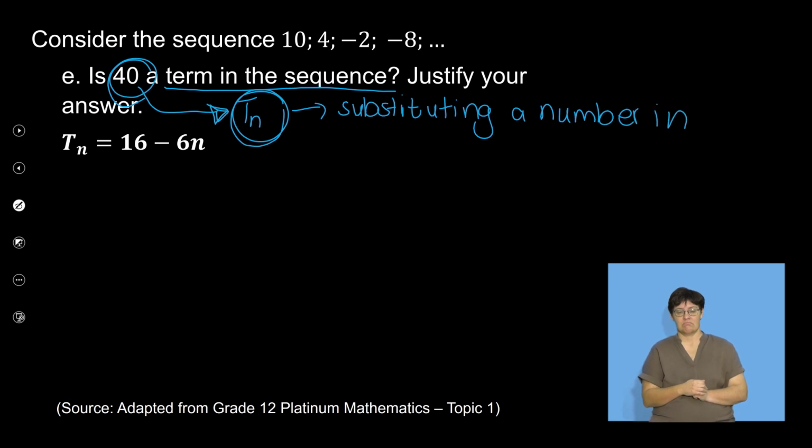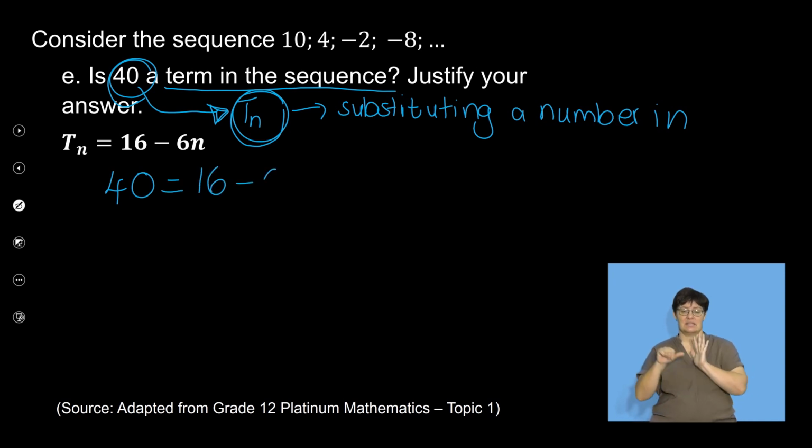So I'm going to substitute in 40 for Tn in Tn is equal to 16 minus 6n.